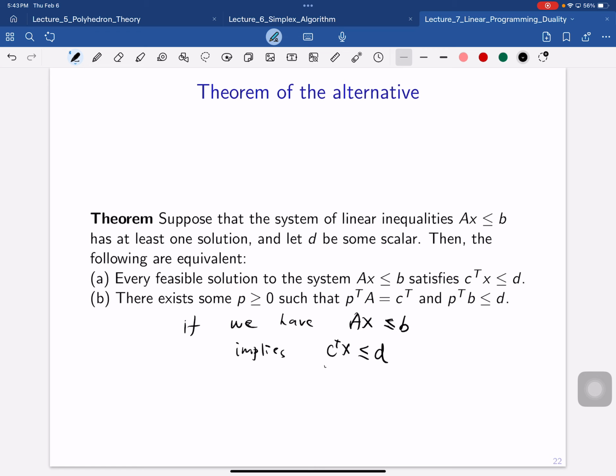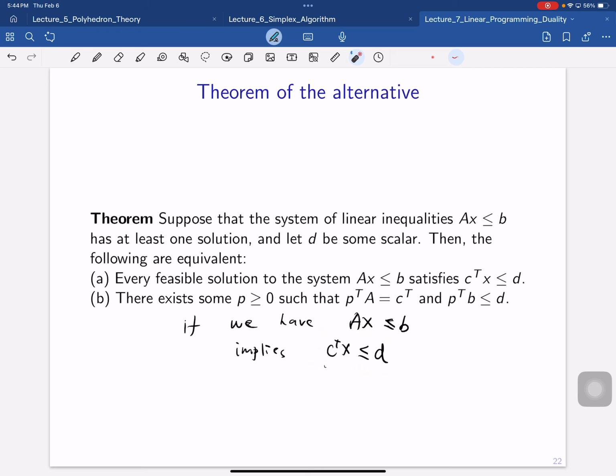Here c is any arbitrary vector and d is any arbitrary scalar. Maybe sometimes in your research you want to show that if a problem satisfies this constraint, then all the feasible solutions have to satisfy that constraint. Maybe that constraint is an easier way to interpret the problem. That's why you want to show that.